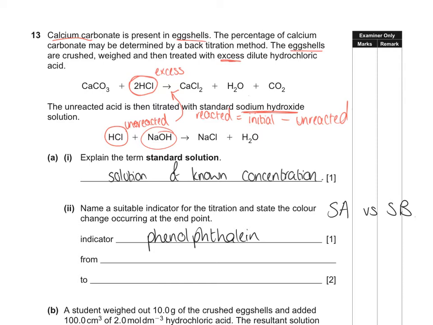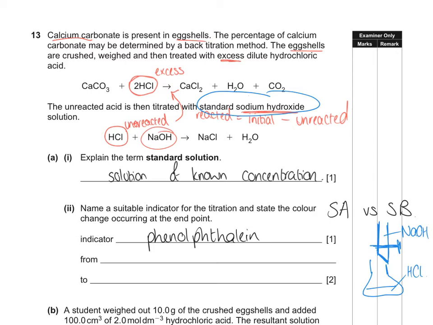So we just talked about standard solution, and if we look to the question, we can see that it tells us it's the sodium hydroxide that's standard. So that's going to go in the burette. So that's your sodium hydroxide. And then in your conical flask is going to go your hydrochloric acid.